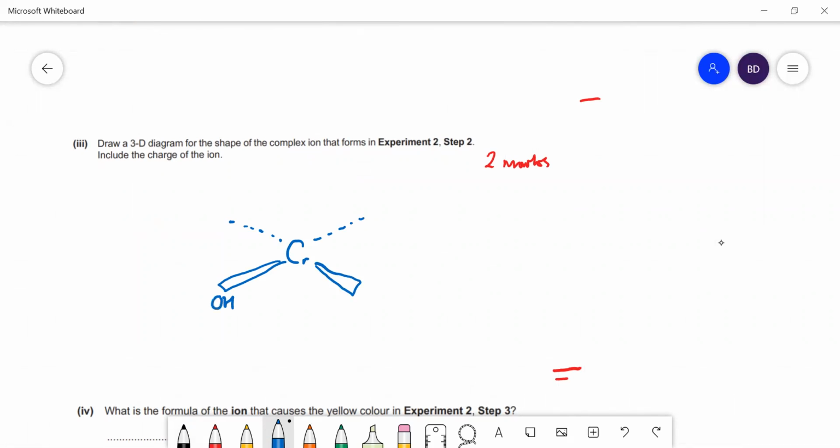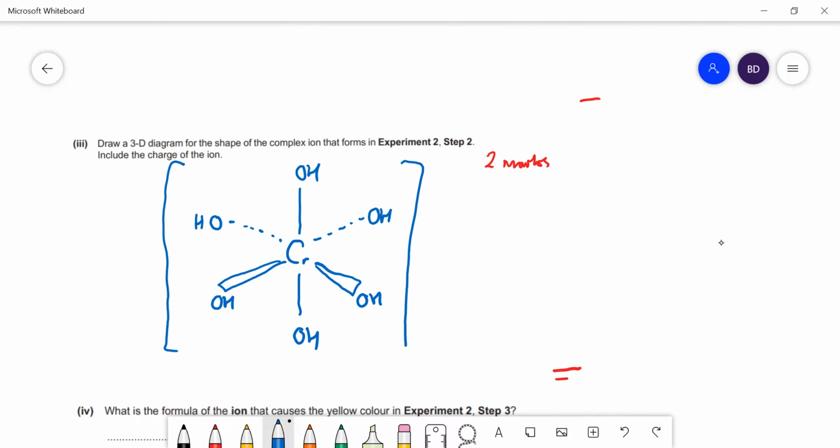That's going to be OH, OH, OH, and it's important to show that the oxygen is forming the covalent bond, so doing it that way around. Then those 4 are in the same plane, you have 1 OH sticking up and 1 OH down, and we're going to include the charge on the ion, so put a bracket around it and show that it has a 3- charge.